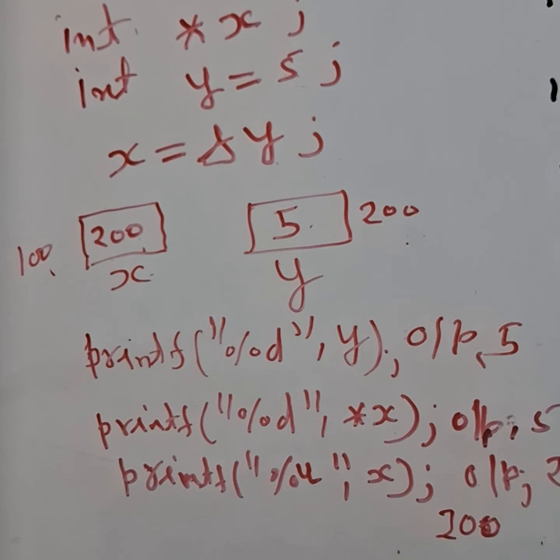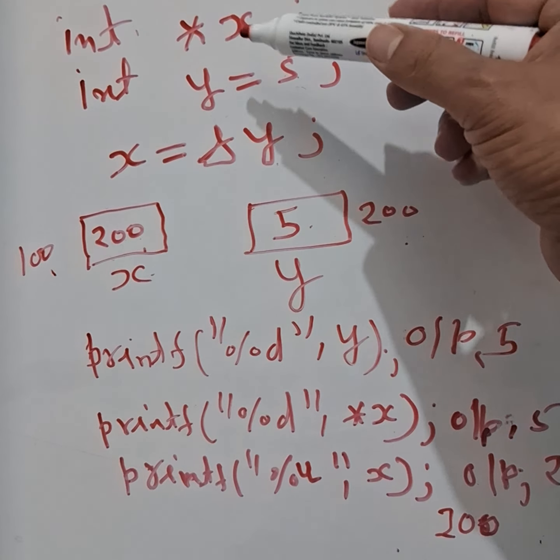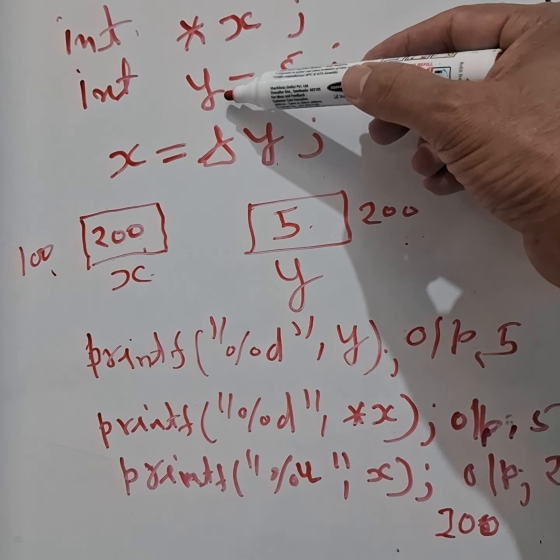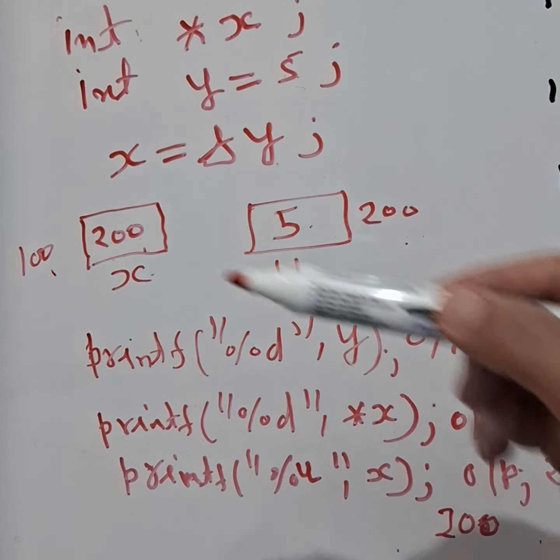To match that, every time the data type of both the normal variable and the pointer variable must be the same.